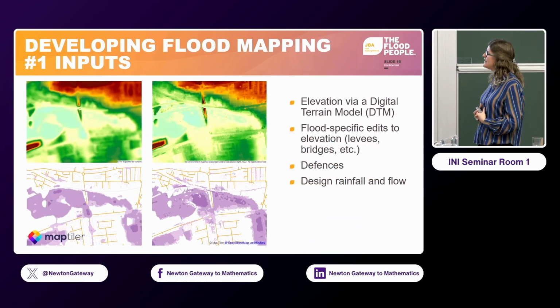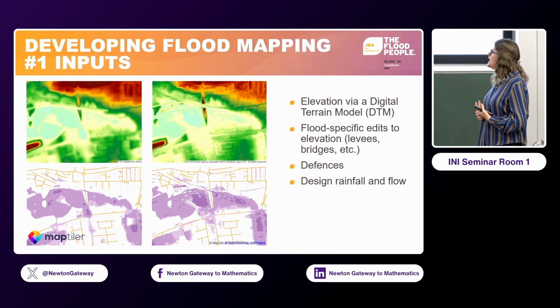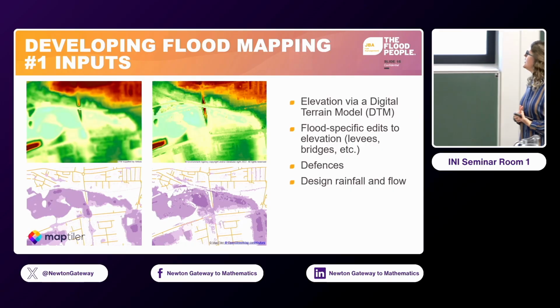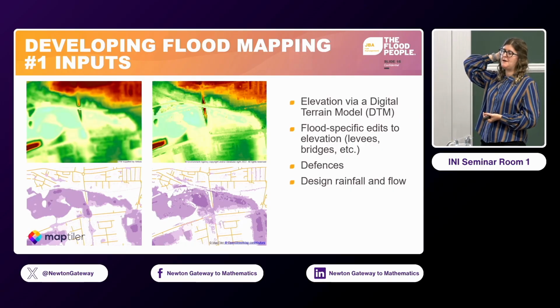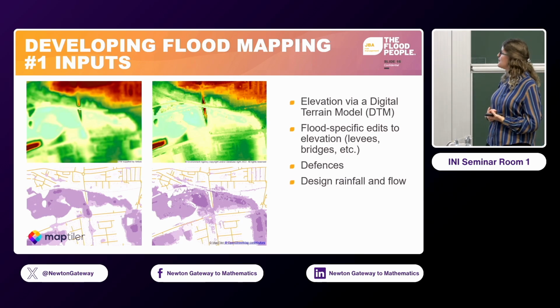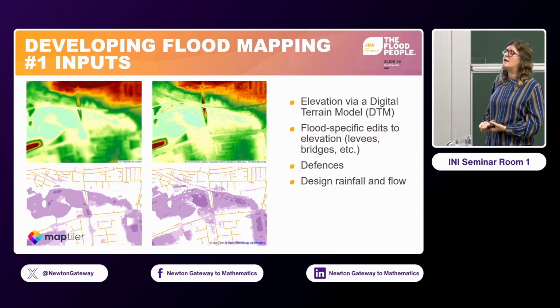There are two ways that we might think about improving that process. The first is the inputs. On this image, on the top left, we've got a terrain model that's very smooth. On the right, we've got a terrain model that's based on an awful lot more LiDAR data.